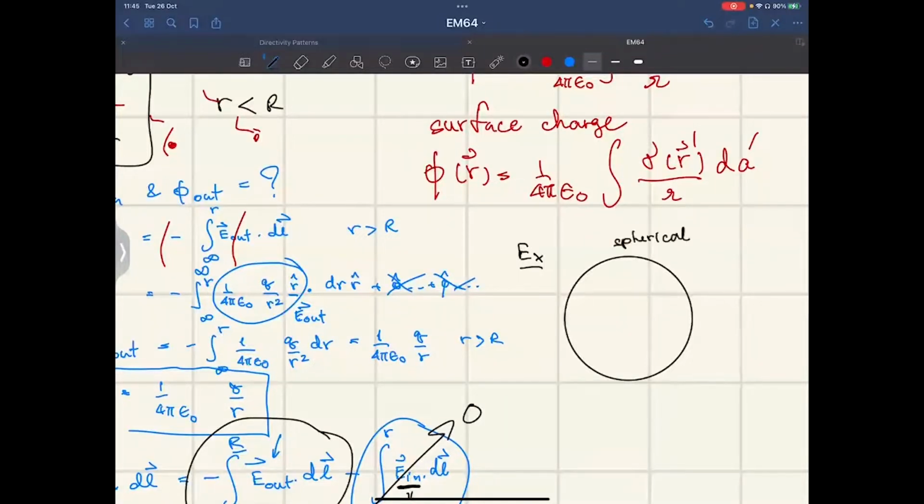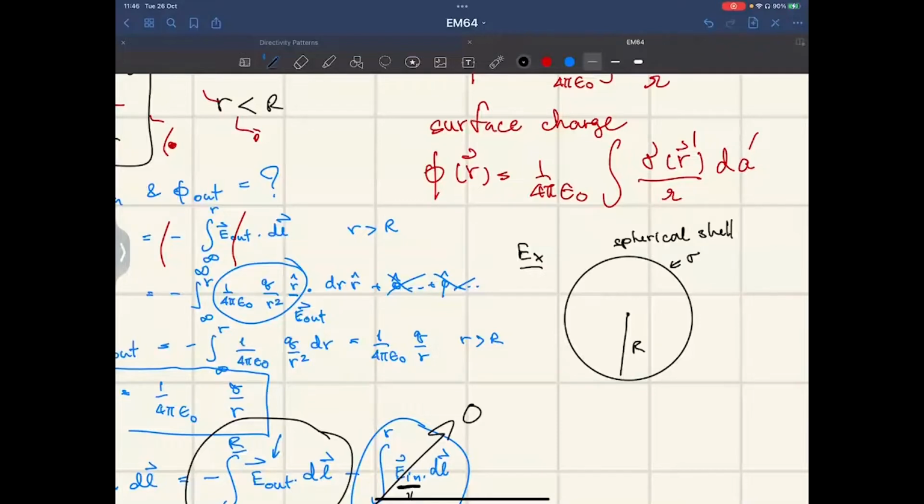This example is similar to the previous one. Okay, we want to find the potential of uniformly charged distribution. This thing is sigma, and its radius is r. The result of this example should be identical to the previous example, but we just use different concept.